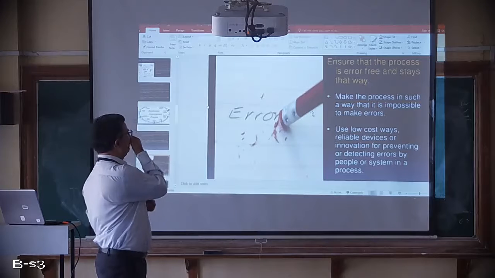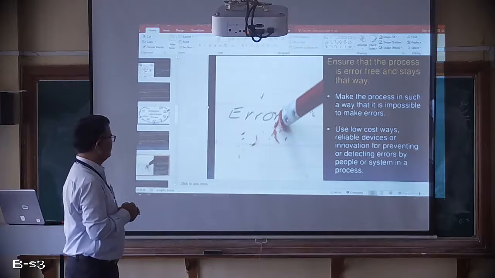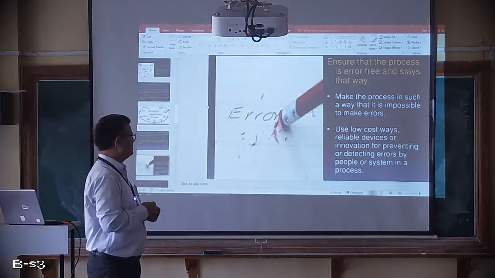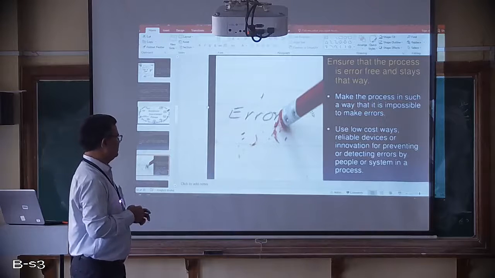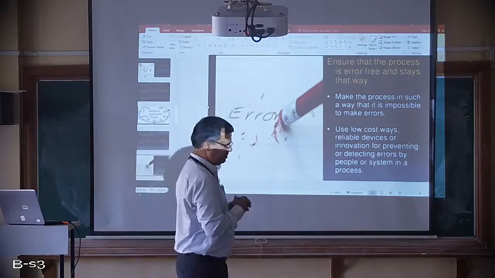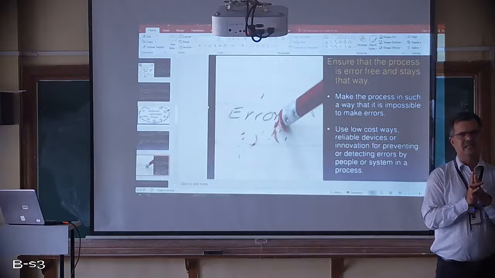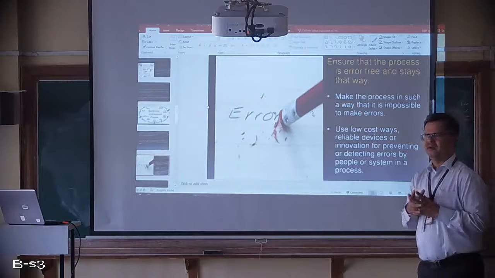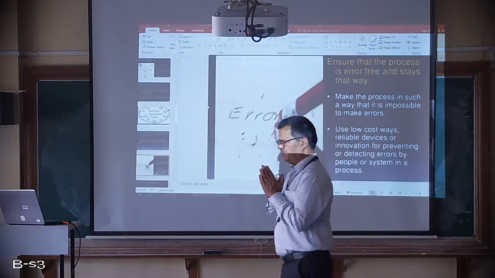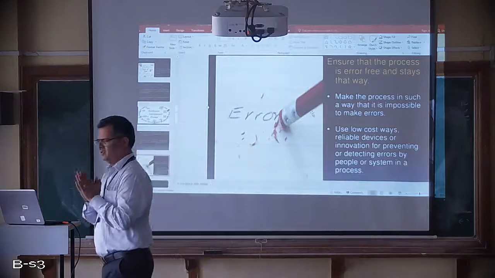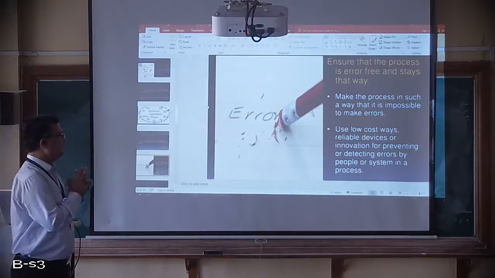It is foolproof. The second thing is to use low-cost ways, reliable devices, or innovation for preventing or detecting errors by people or system in a process. Remember, just to make something foolproof, you can't spend a lot of money on it. Any system you are developing for foolproofing should be low cost. Develop a low-cost system for foolproofing, and also use reliable devices.